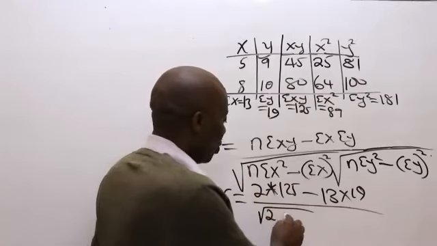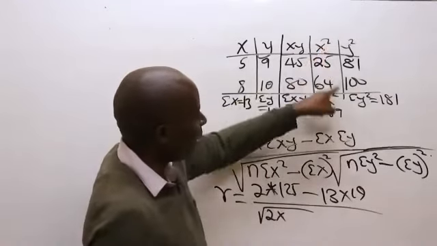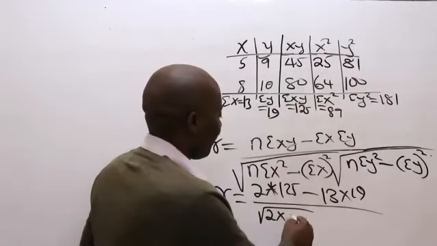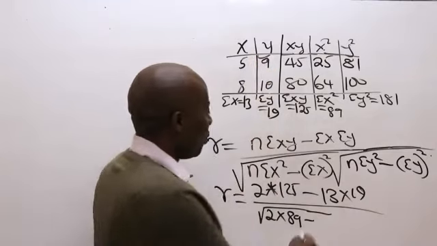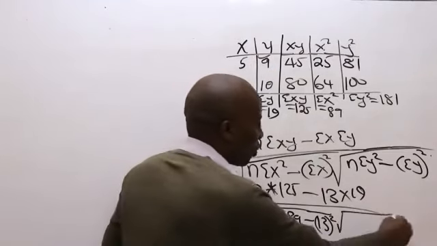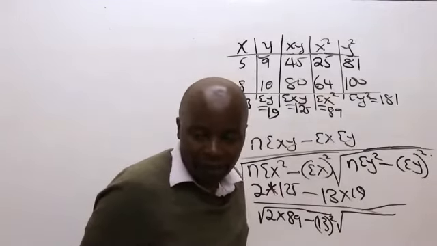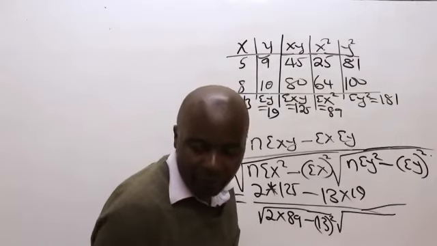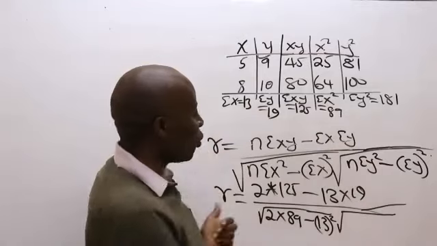Again, n is 2. We have summation of x squared, which is 89, minus, in brackets, summation of x, which is 13, squared. So square root again. So what do we have here, somebody? n, summation of y squared. So n is 2.